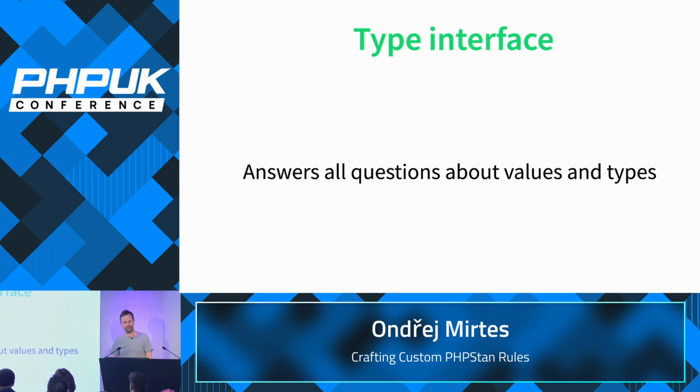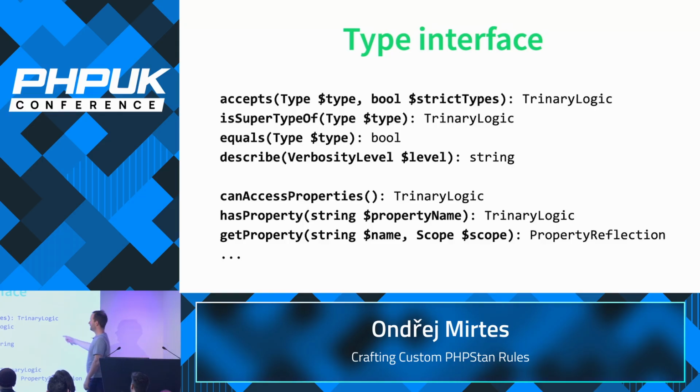Type interface answers all questions about values and types. And it looks like this. It can tell you if a type accepts another type. It can tell you if one type is part of another type. It can tell you if two types are equal or not.